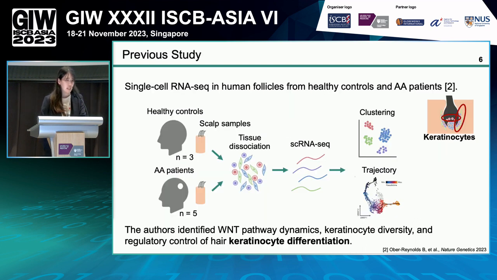I will introduce the previous study related to the first approach. Single-cell RNA-seq in human hair follicles from healthy controls and AA patients. The author identified Wnt pathway dynamics, keratinocyte diversity, and regulatory control of hair keratinocyte differentiation.